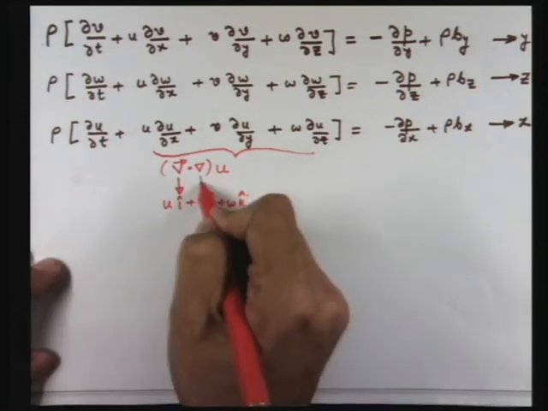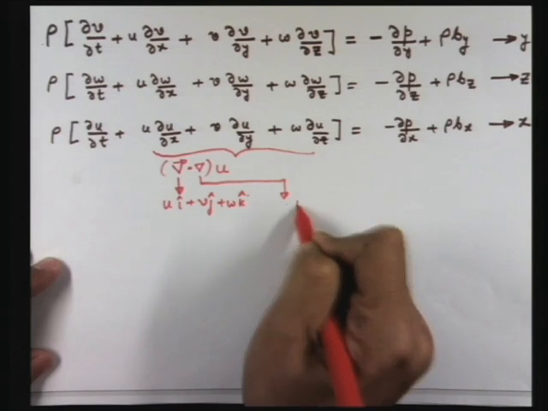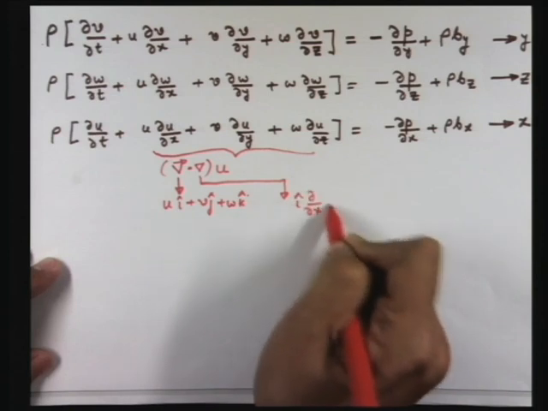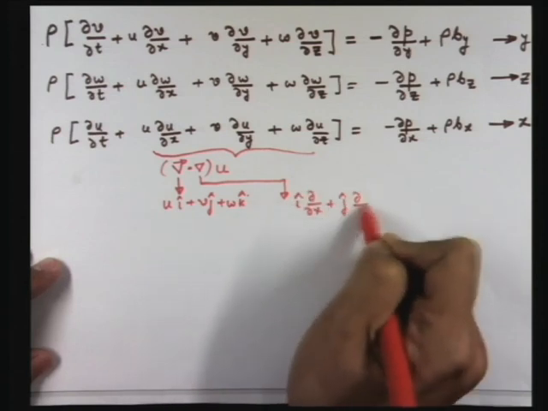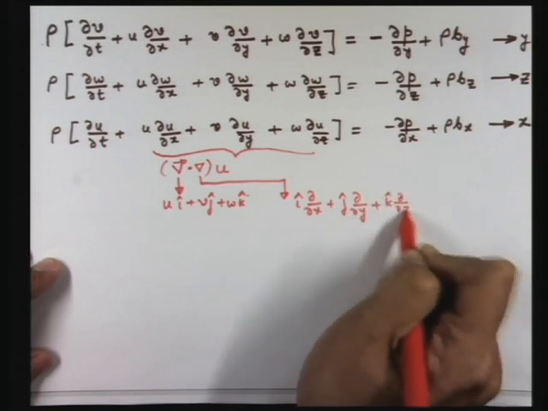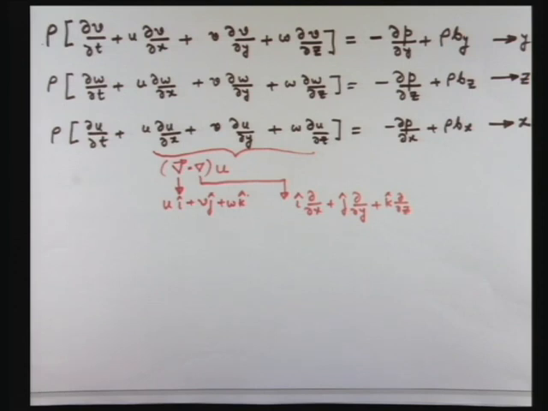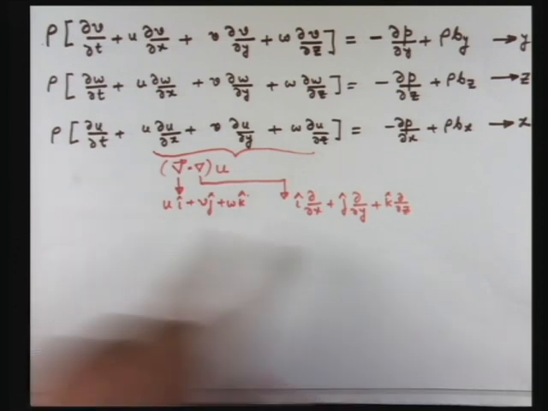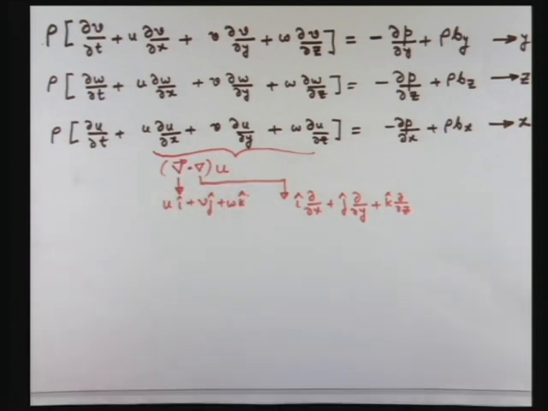What is this del? i del del x plus j del del y plus k del del z. Okay. So it is clear that if you take the dot product of these two, this is how you can write it. So now what we are doing?